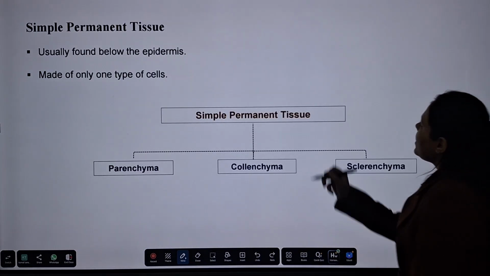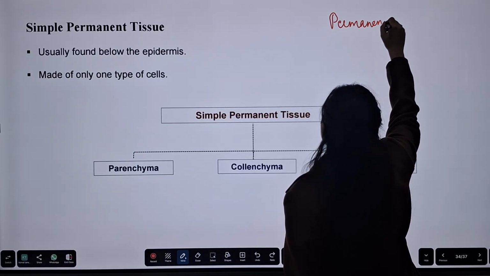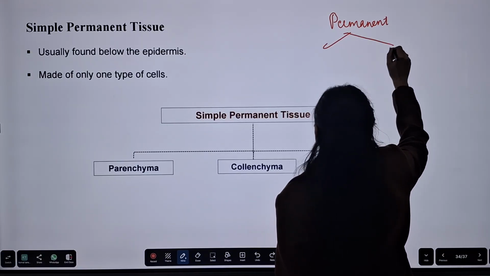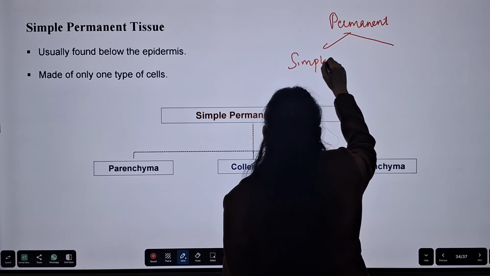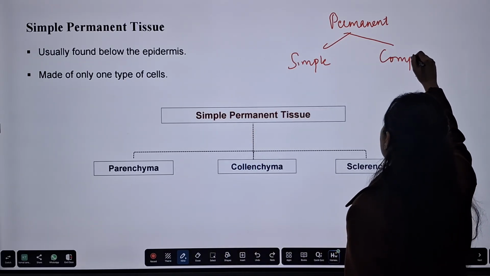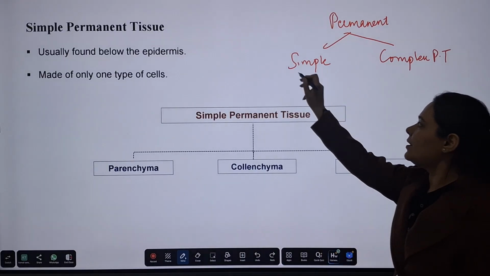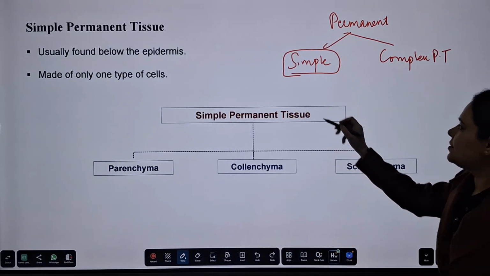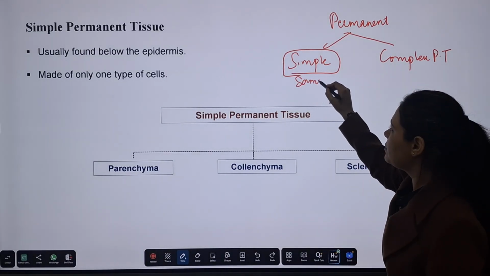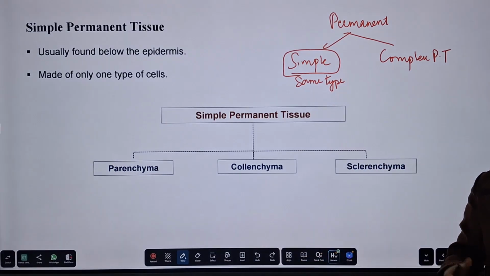We can categorize permanent tissue on the basis of the type of cells that it contains. For example, it can be categorized into simple and complex permanent tissue. Simple permanent tissue, as the name says, is very simple. Same type of cells grouped together, same structure, performing the same function.